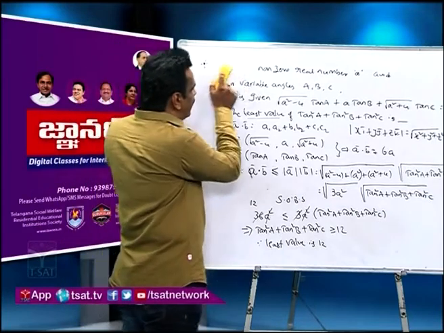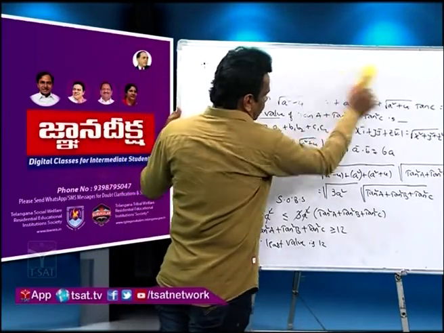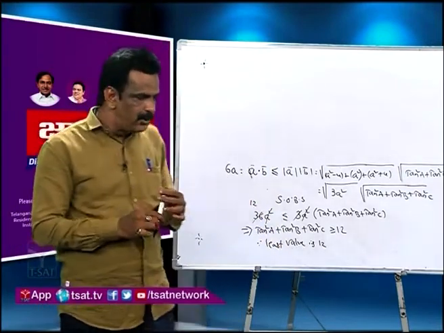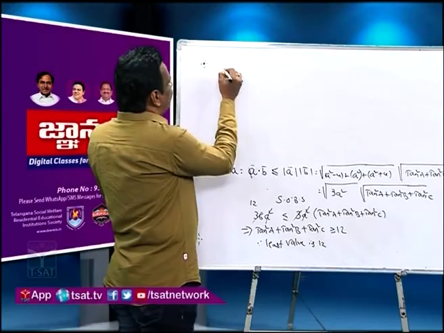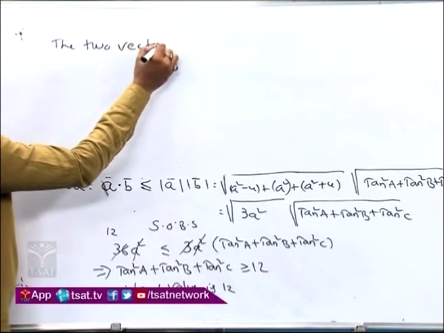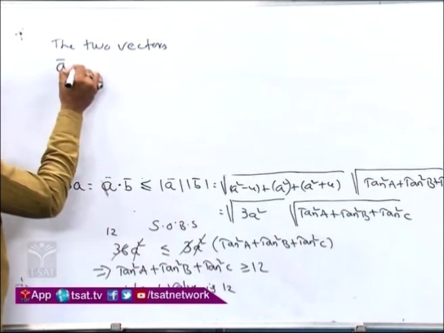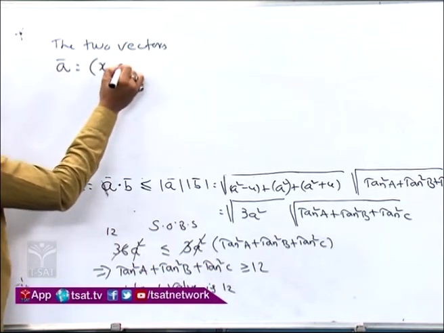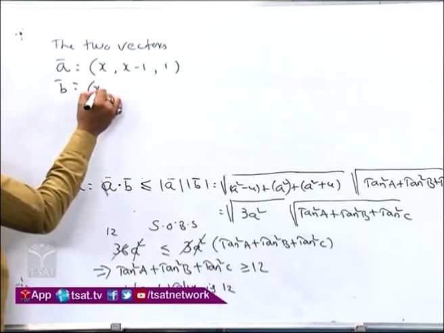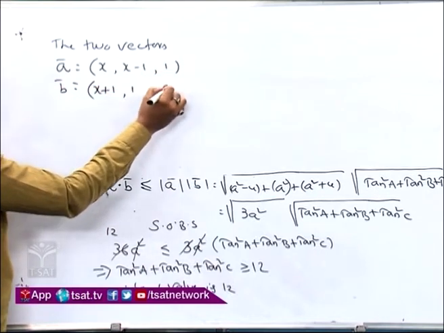And next we can take another aspect of vectors. So we discuss now one more multi-concept question. I am taking here two vectors: a bar is a vector having components x minus 1, 1, and b bar is a vector having components x plus 1, 1, a.